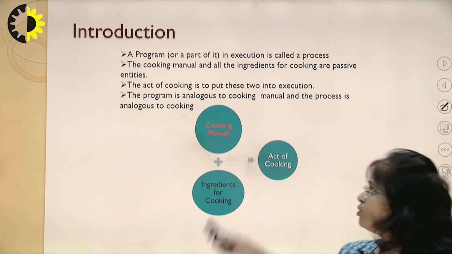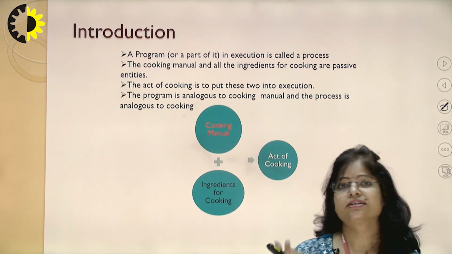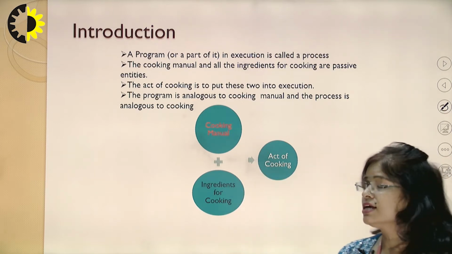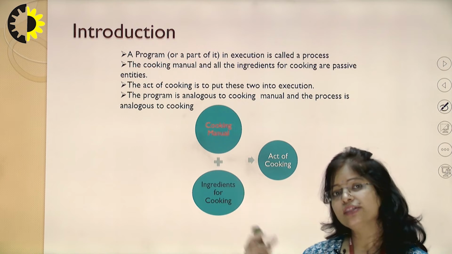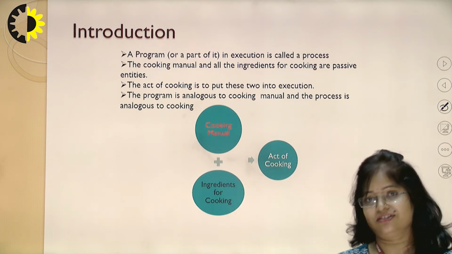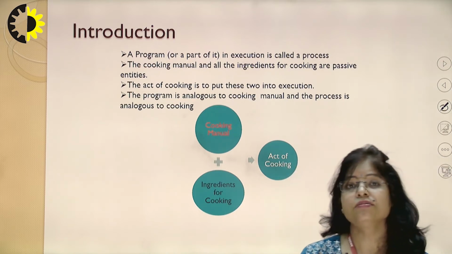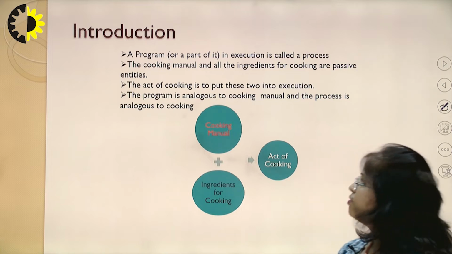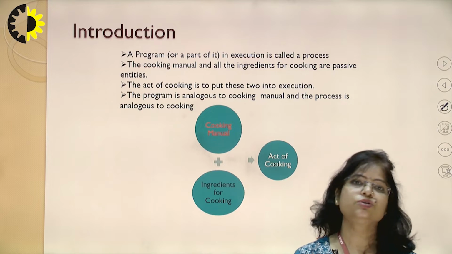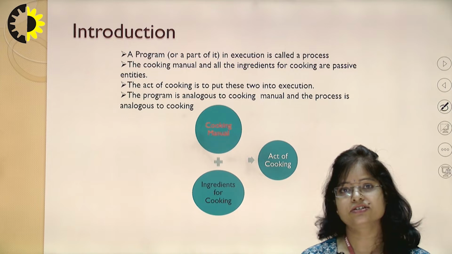Here, the cooking manual and ingredients for cooking we can take as passive entities. Why are we saying these are passive entities? Because these two cannot create any useful or desired output like a tasty dish without using some active entity. So, when the act of cooking puts these into execution, we produce a tasty dish.